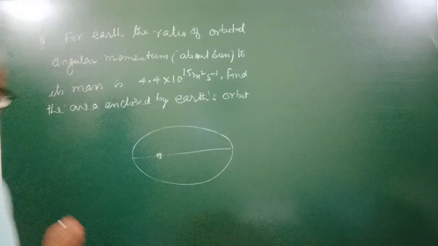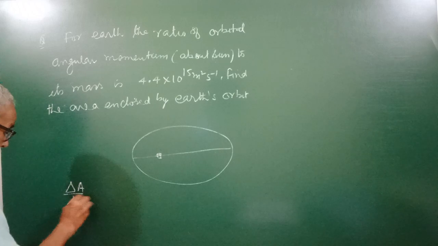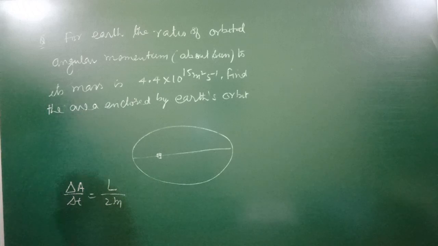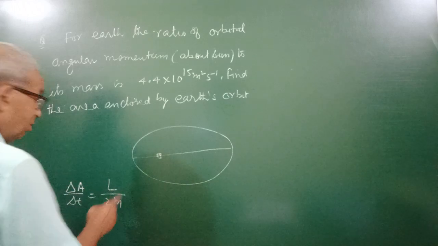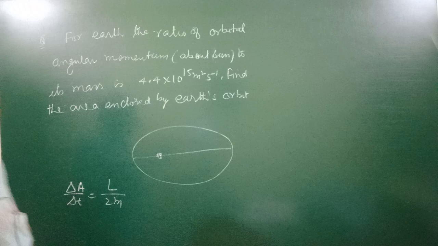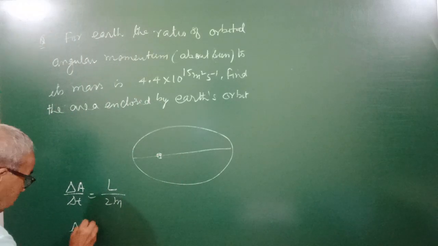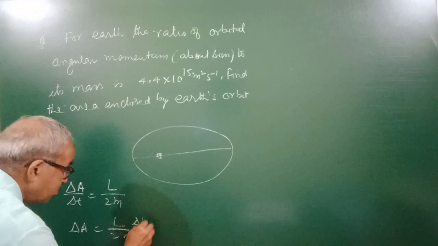It states that delta A upon delta T is equal to L upon 2m. Area velocity is equal to momentum divided by twice the mass. In the last video I have proved it. So delta A is equal to L upon 2m into delta T.